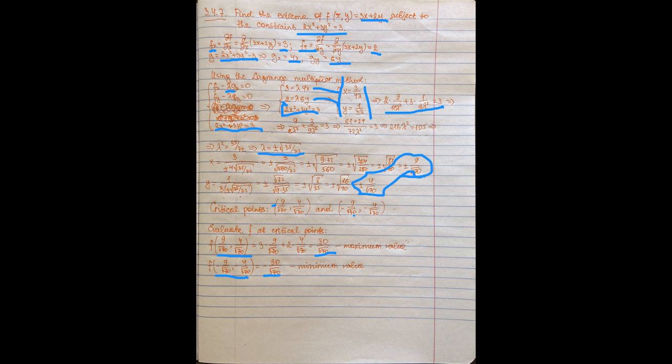And I conclude that we have a maximum value of the function, which is 30 over square root of 70 at the point 9 over square root of 70, comma 4 over square root of 70, and a minimum value equal to negative 30 over square root of 70 at the point negative 9 over square root of 70, comma negative 4 over square root of 70.